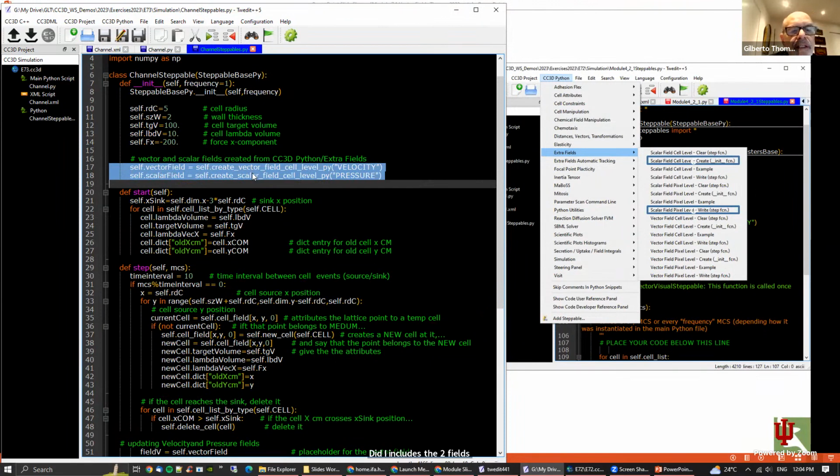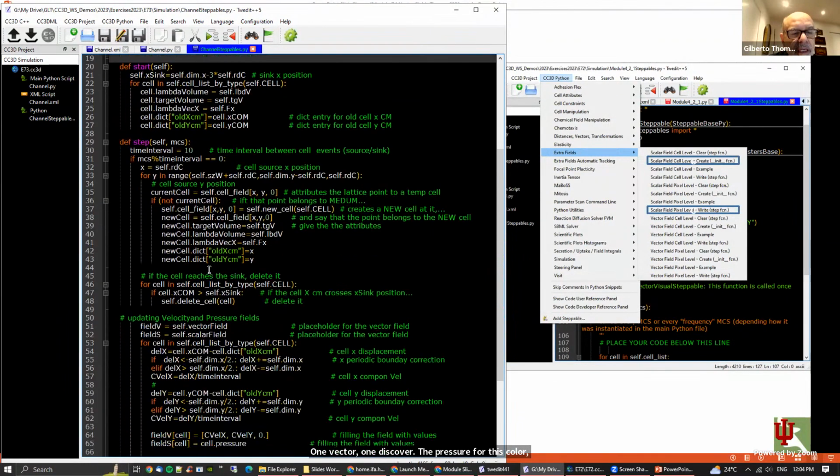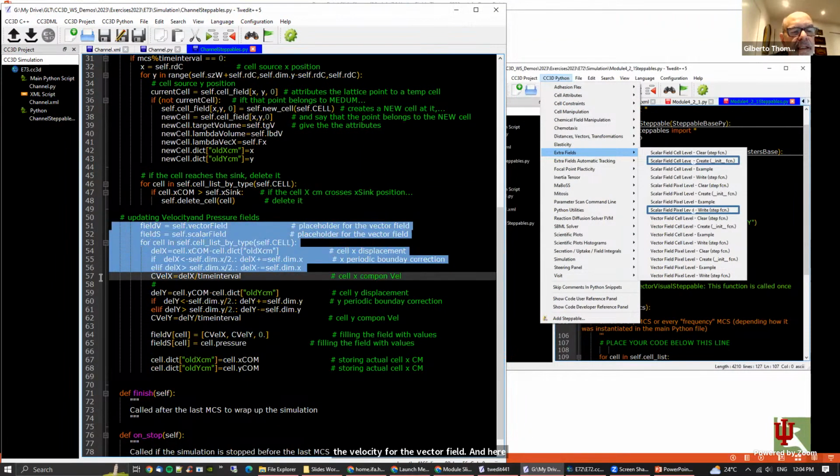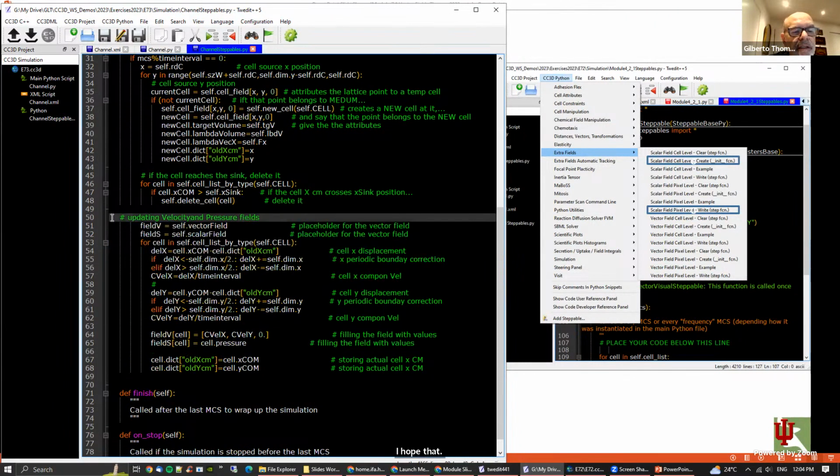One vector, one scalar: the pressure for the scalar, the velocity for the vector field. And here I update the velocity and fill the fields with the values they must have.